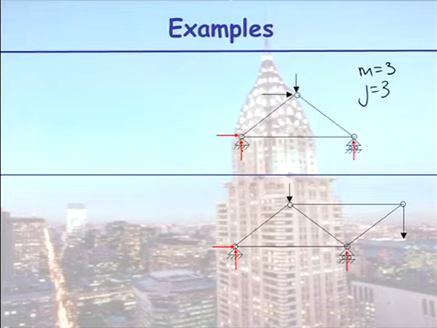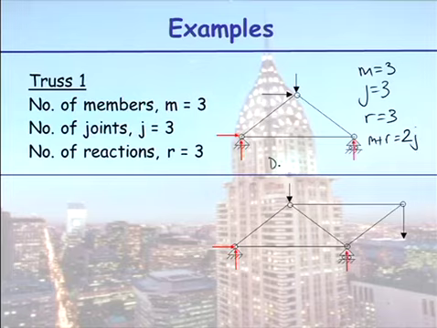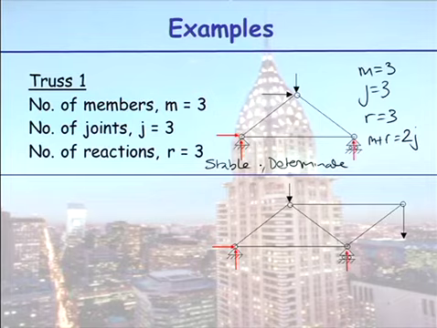Because we have a roller and a pin, we have 3 reactions. So looking at that system now, m plus r equals 2j. So thus this system here is determinate. And I should have said stable first because stable is the important thing. It'll stand up. And knowing it stands up, we can actually calculate the member forces.